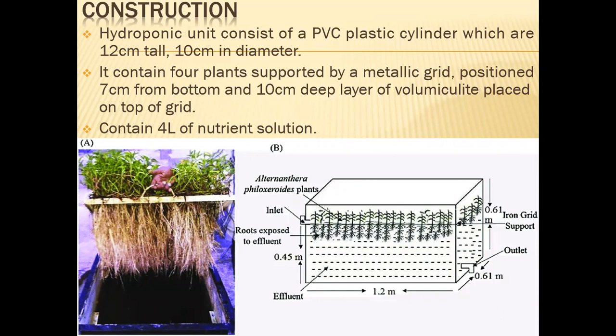It contains four plants supported by a metallic grid positioned 7 centimeters from the bottom, and a 10 centimeter deep layer of vermiculite placed on top of the grid contains 4 liters of nutrient solution. In this picture we can see how these plants are grown in the aquatic system and the hydroponic cylinder. Moving to the next slide.